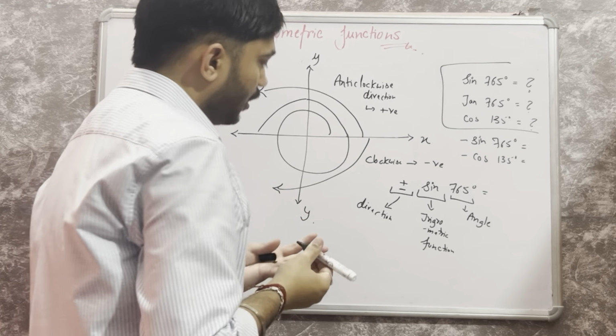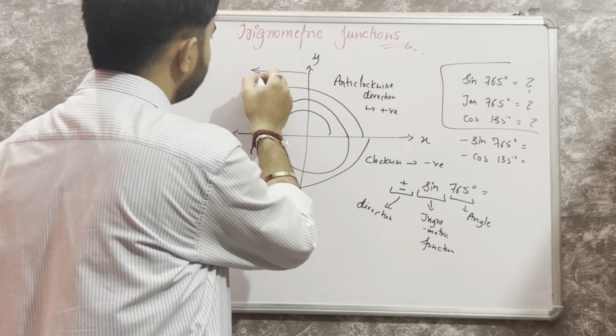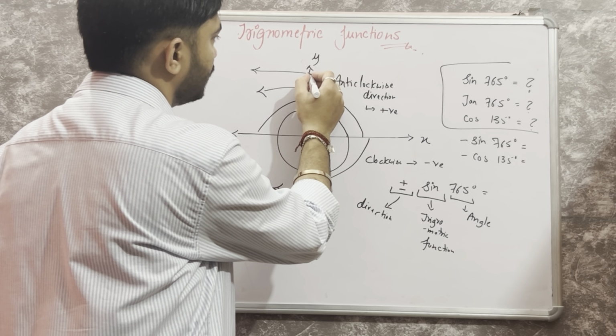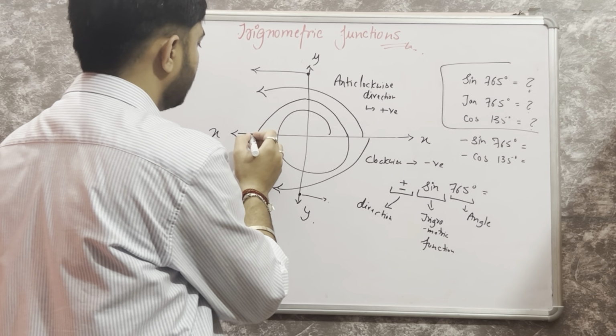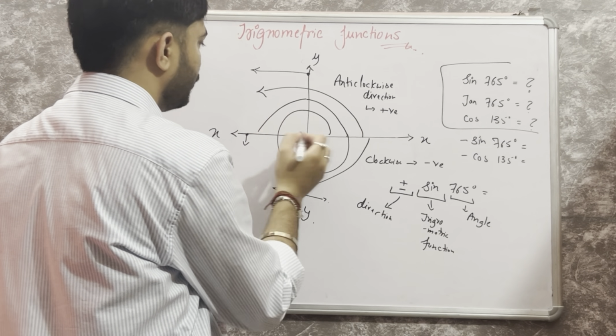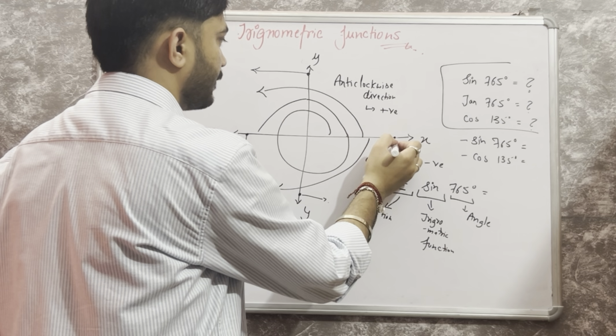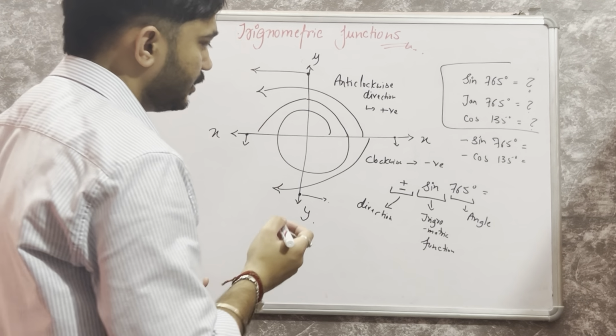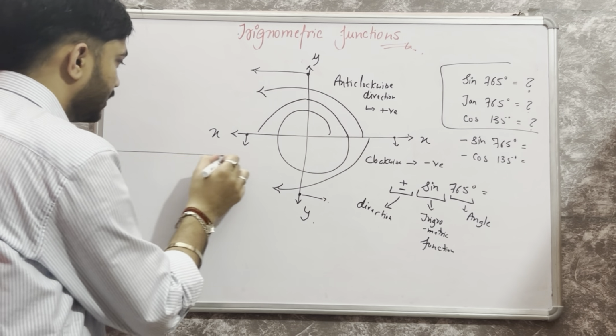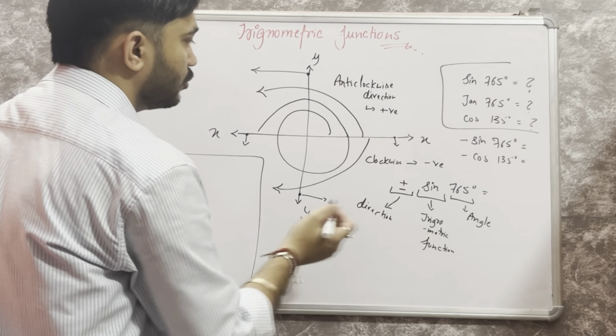Now moving forward, we have to know that if we stop here, and what if we stop here and here? If we stop on the y-axis, then some trigonometric functions are going to be changed.